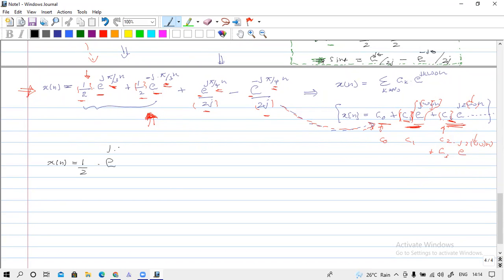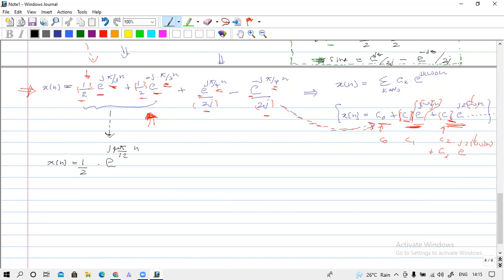We have 5 by 12 as the omega naught, so the 3 should be here, otherwise these terms do not tally. So I will multiply this by 4. Then 4 by 12, again it will have 5 by 3. So does anyone have a problem with this?